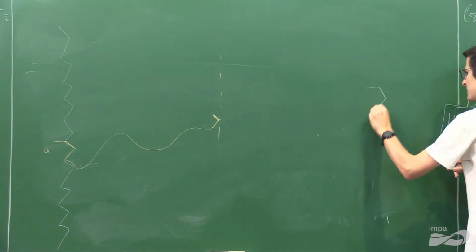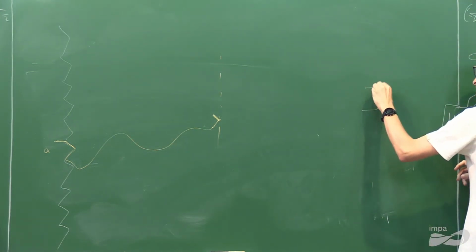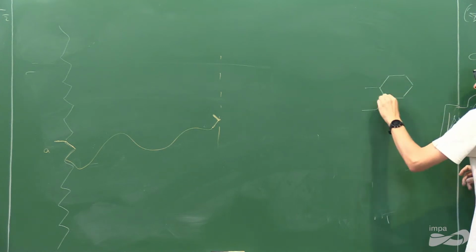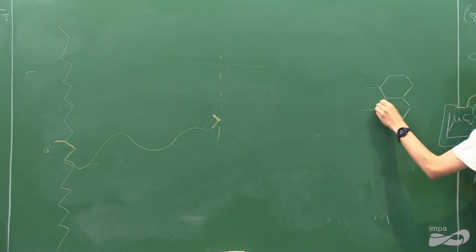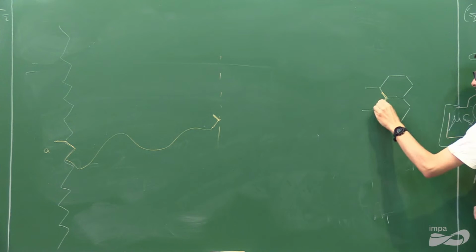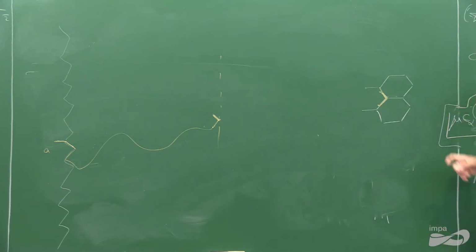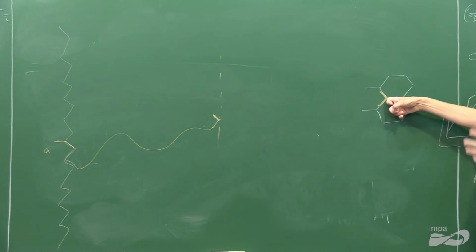Your lattice looks like this. This is the only way you can get a rightmost point in the middle.